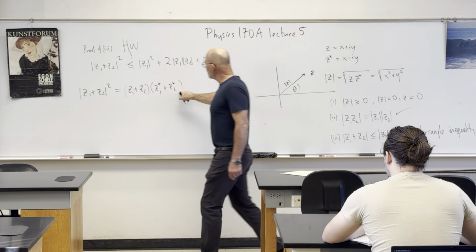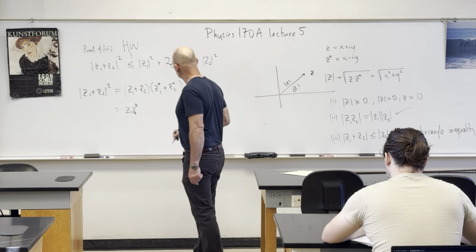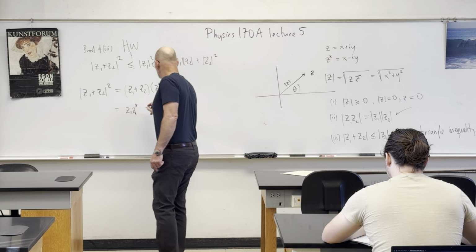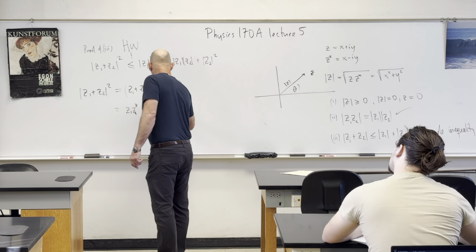Then we multiply this out, and we get z1 z1 star plus z2 z2 star.